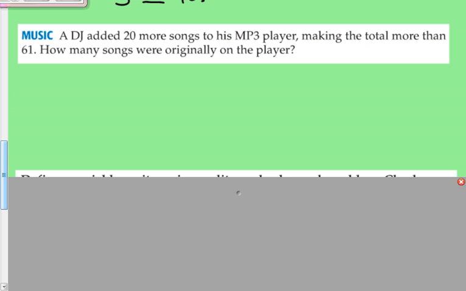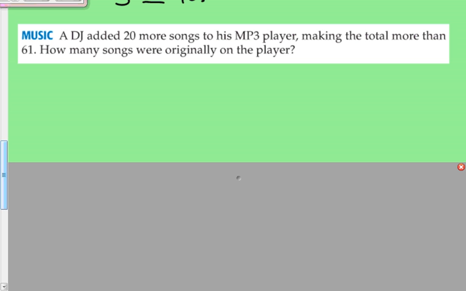If you look at this one about music, it says that a DJ added 20 more songs to his MP3 player, making the total more than 61. So we will put greater than 61. It didn't say no more than, but more than 61. So it's just a greater than 61.